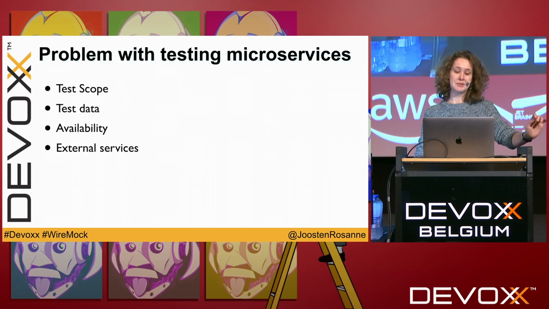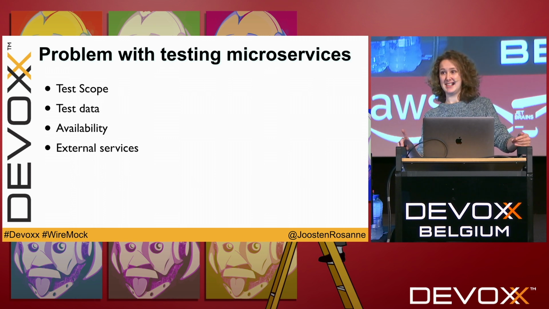So the problem with testing your microservices is often these bullets. It's, for example, the test scope. Like I said, when you're dealing with a lot of other dependencies and you are not mocking or stubbing them, then you're testing a lot more than your service. So the test scope is not as desired.